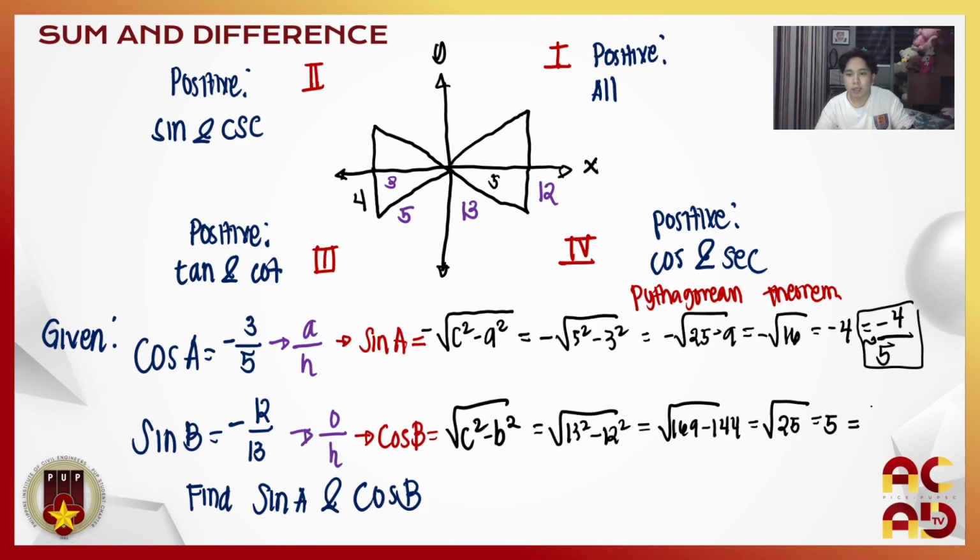So magiging 5 over yung hypotenuse natin na 13. So ayan na yung value ng cosine B natin. So pwede na nating mahanap yung cosine A plus B, and then yung cosecant A minus B.